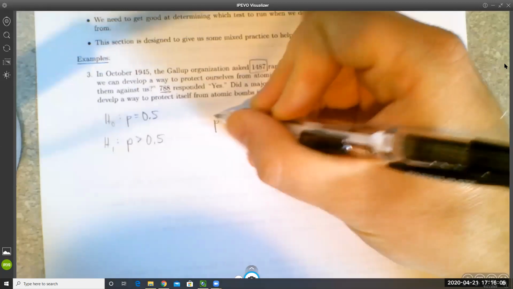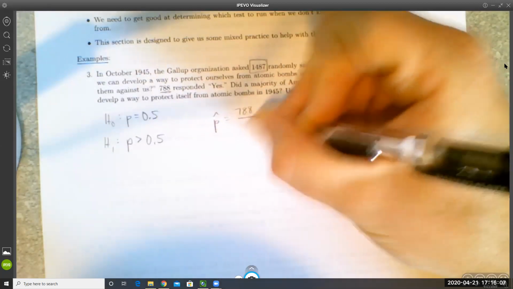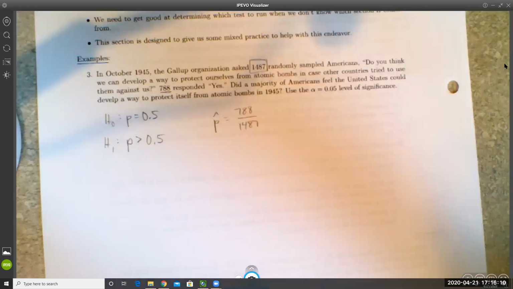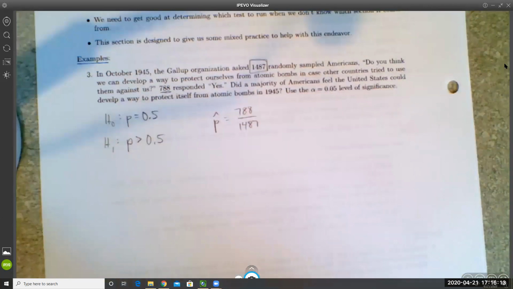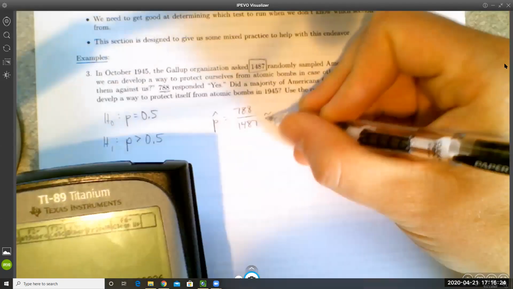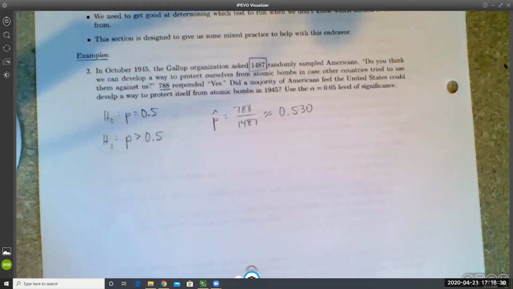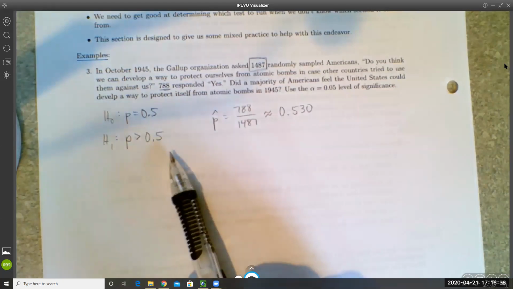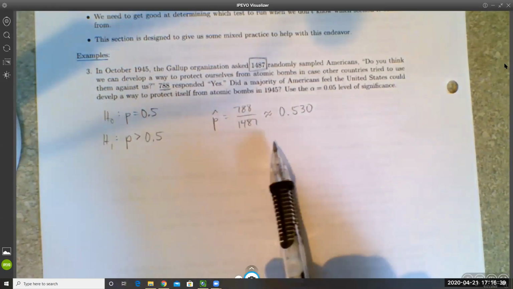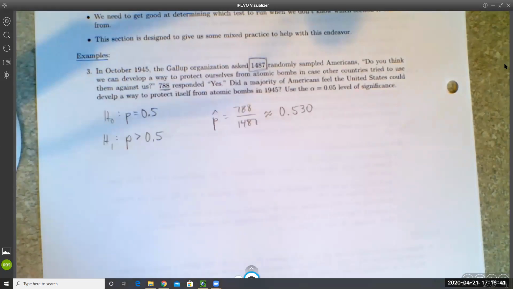It's not totally necessary to come up with this value, but I like doing it just to give me some intuition going into StatCrunch. So 788 out of 1487 is about, if I round to 3 decimal places, 0.530. So about 53% of people. That is more than half, okay? But is it different enough from 50% for us to safely say that a majority felt that we could develop a way to protect ourselves from atomic bombs?